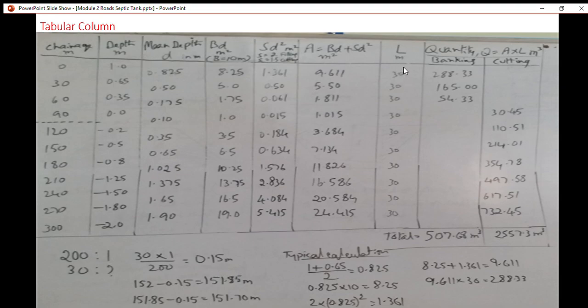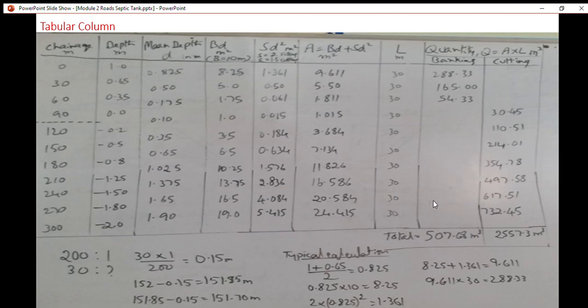The earthwork is calculated for successive 30 meter intervals and entered in banking or cutting respectively. Quantity, equal to area in the sixth column into length in the seventh column, is written respectively in the 8th and 9th columns.